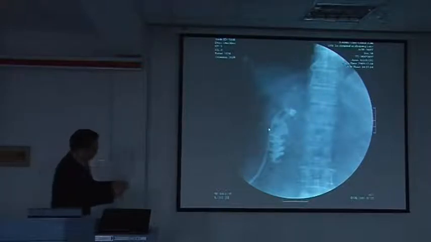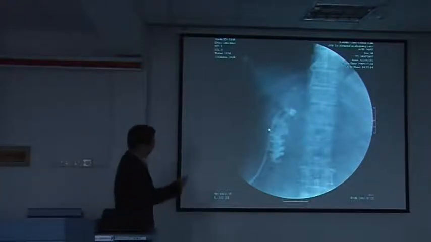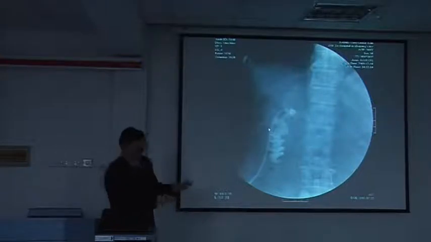We can see the duodenal mucosa, and some contrast going into the duodenum. This is the intrahepatic duct, and this time we cannot see the common bile duct.